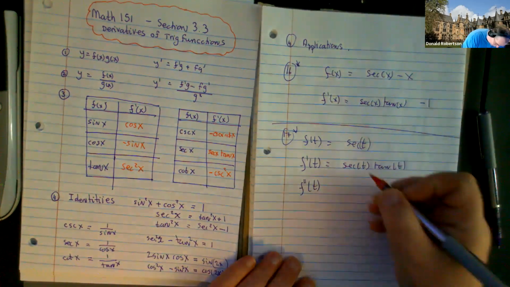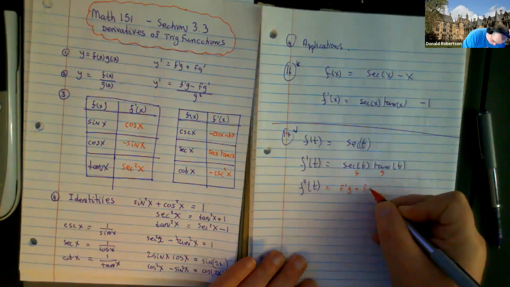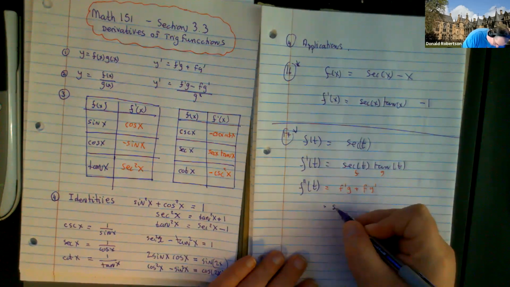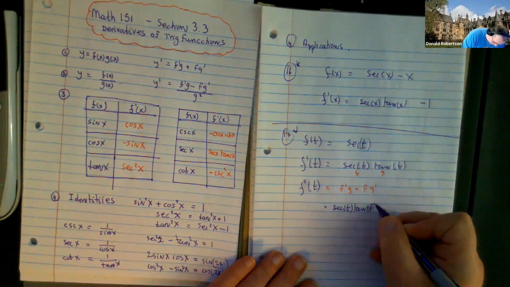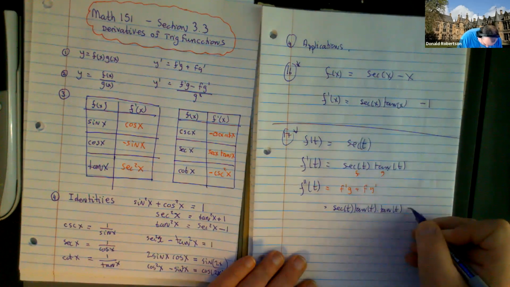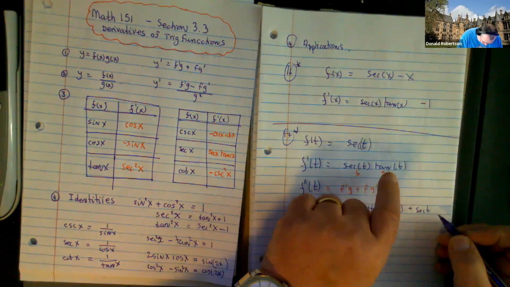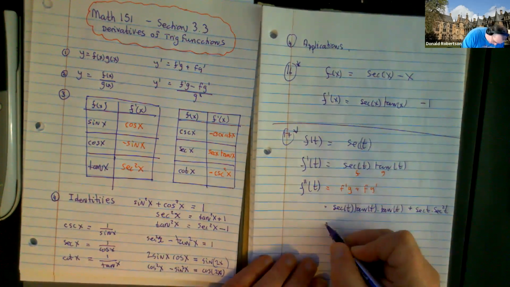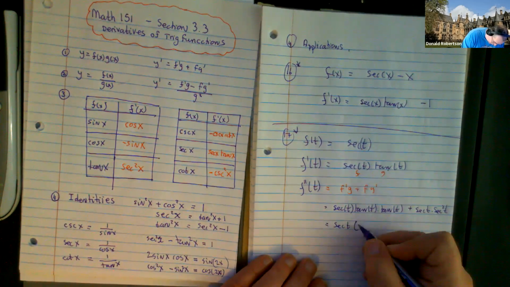And we will use a product rule. If you differentiate a secant, you get a secant tan. And then you leave the second one alone. Plus you leave the first one alone. And if you differentiate a tan, you get a secant squared. So actually I'm getting deja vu here because I think one of our earlier questions today was exactly that.